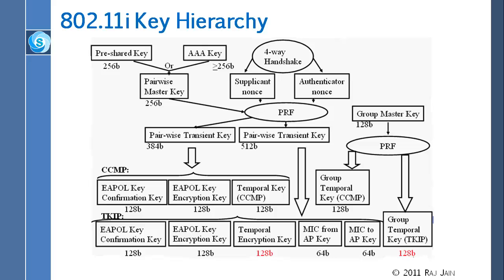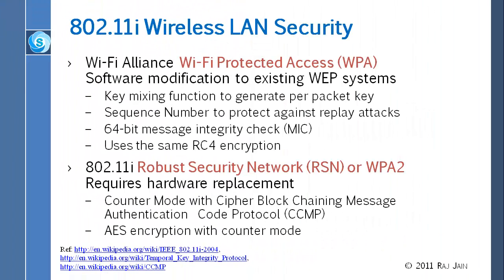And here the same thing. In CCMP, which is WPA2, we have the key confirmation key and the key encryption key, with the same meaning as before, and the temporal key, which is used for CCMP, and this is the group key. Now, if you remember, CCMP is this chaining mode, and from this description so far, it appears that both of these use the same key, although these are two different encryptions, so you don't use the same counter here and there.